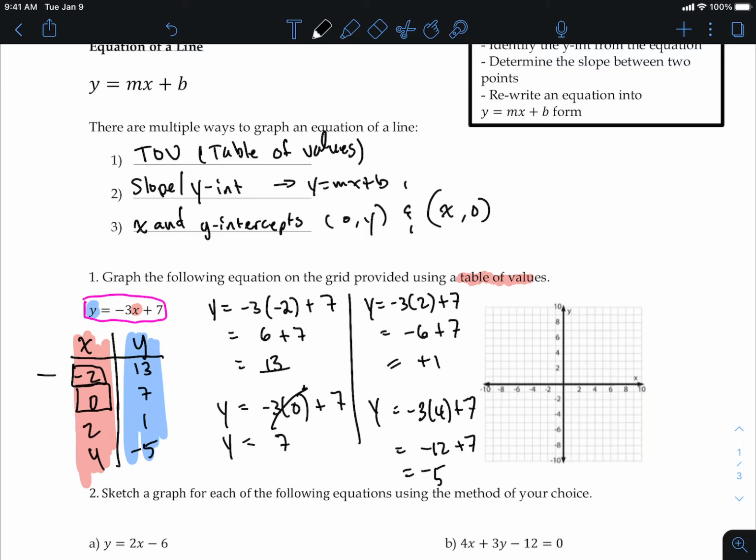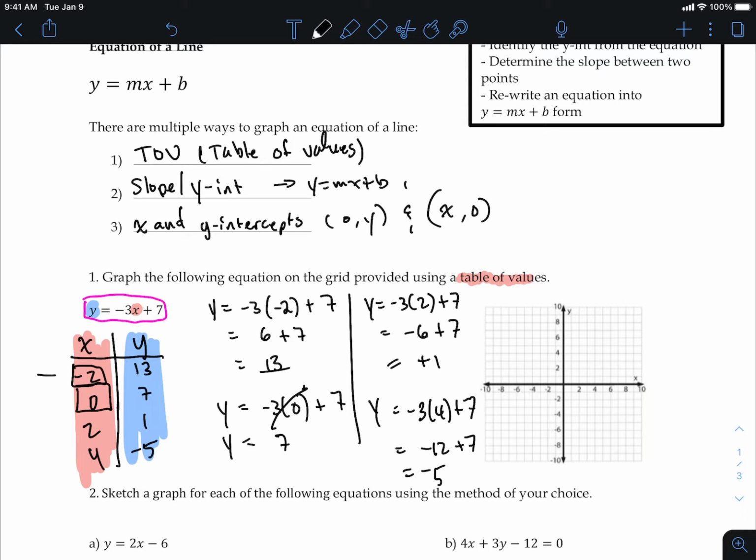Can you imagine having to do that 6, 7, 8 times to get a picture of a graph every single time on a 10-question test? It's not the best way of doing it, but it works, right? I show you it because it works, and then I try to illustrate that you don't want to do it that way, so we're going to do the other ways that I'm going to show you.